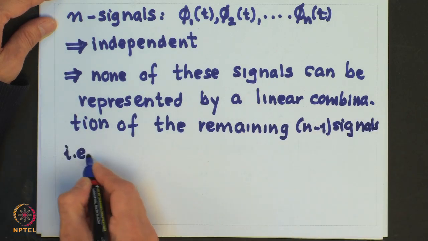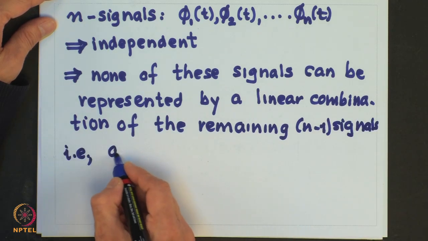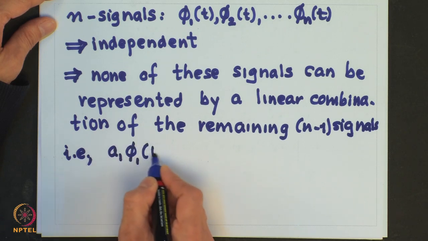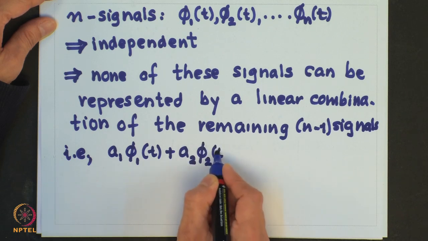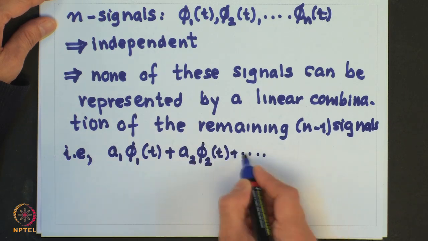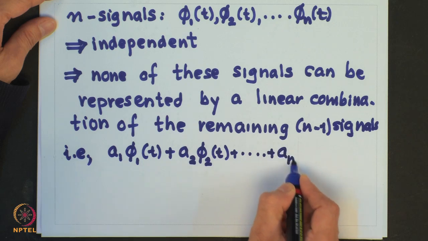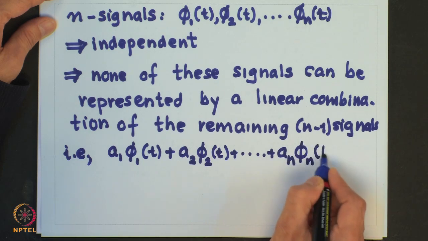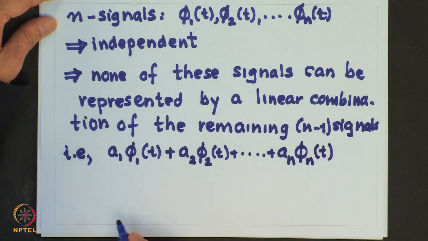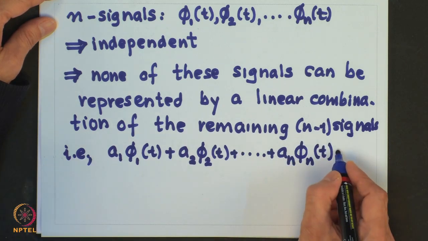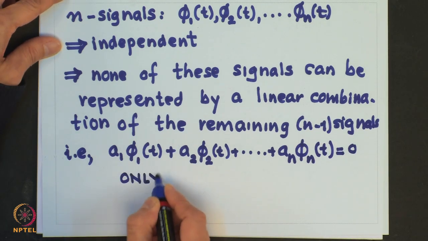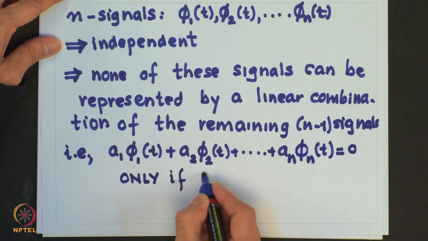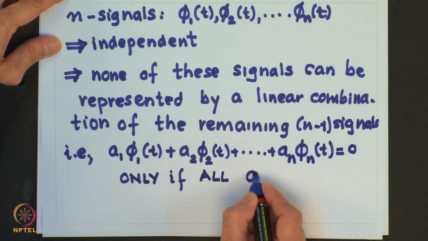What I mean is that a1 times phi 1(t) plus a2 times phi 2(t) plus so on plus an times phi n(t), if you take the linear combination of all these signals, then this will be equal to 0 only if all ai's are 0.